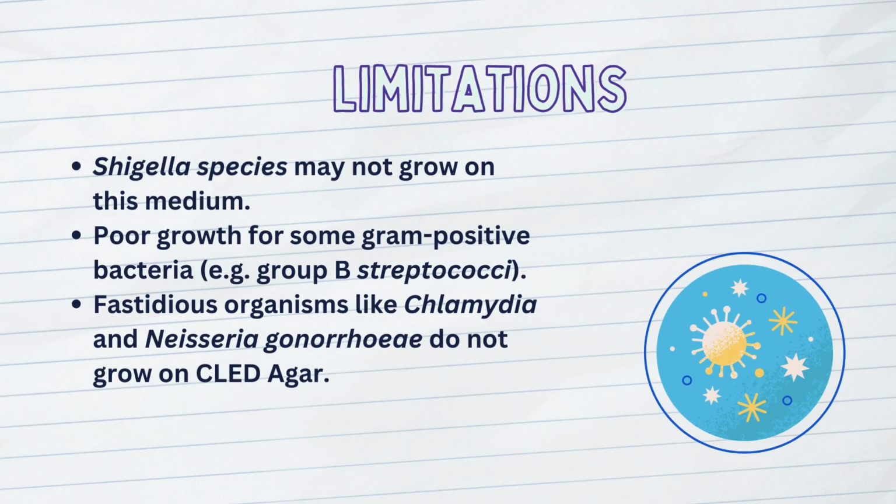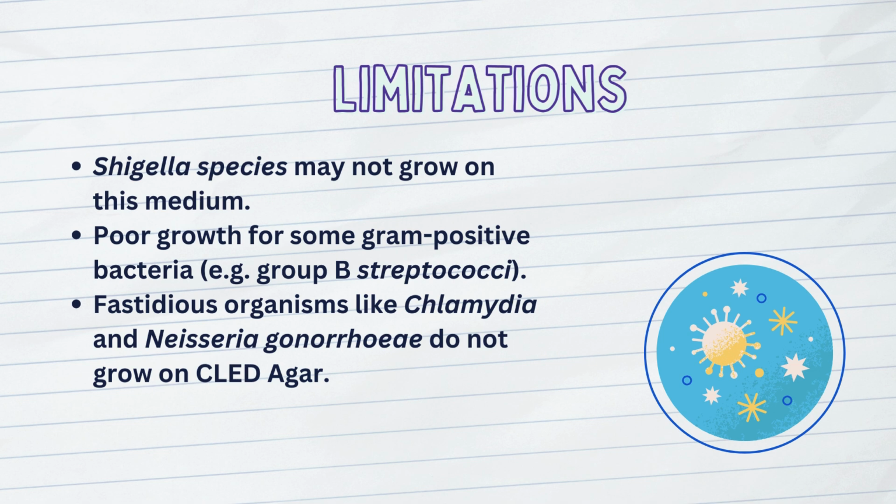So limitations of CLED Agar are that Shigella species may not grow on this medium, and the poor growth of some gram-positive bacteria, such as I mentioned before, group B streptococci. So these may need a blood agar to grow.